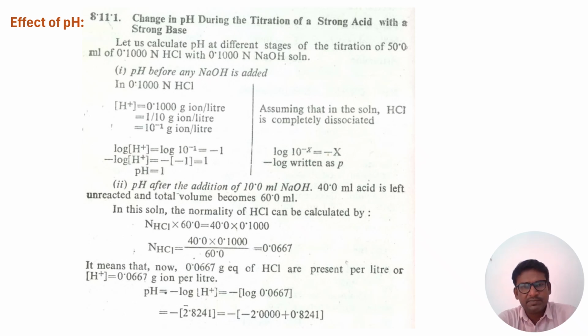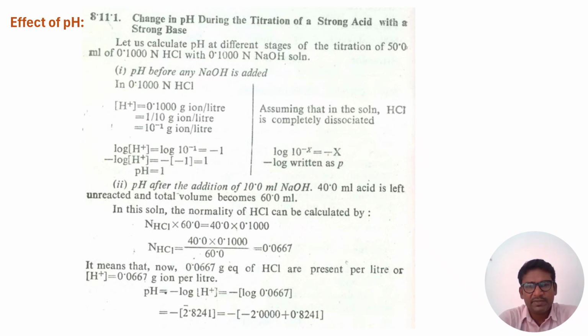The pH before any NaOH is added: in the conical flask, we will only have 0.1 normal HCl. So what is H plus? H plus is equal to 0.1 gram ion per liter. That is 10 to the power minus 1 gram per liter.